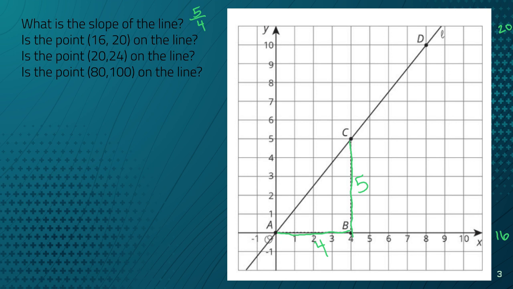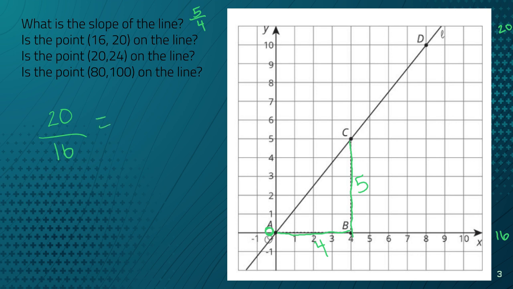So if I have (16, 20), my vertical distance would be from 0, because this is 0 on my x-axis, and on my y-axis, it's 20. So my vertical distance would be 20, and my horizontal distance, I'm going from 0 to 16. So that would be a distance of 16 on the bottom.